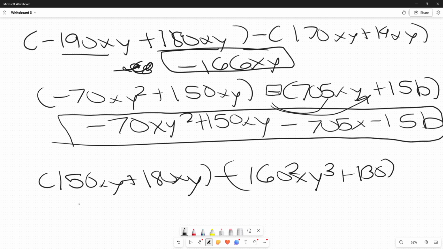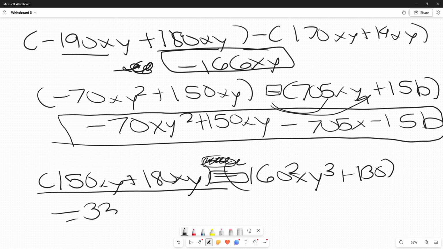So here we have the last one. 150xy plus 180xy minus 160 squared xy cubed plus 130. Since we have the same term, we just add it, so that would add up to 330xy.